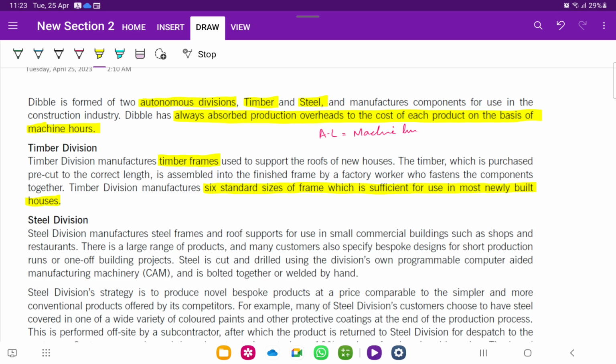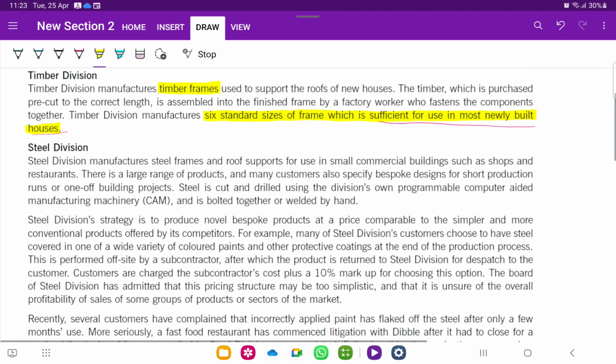There's not so much customization, there's nothing new coming into the product. And the second point here is sufficient for most newly built houses. That means probably in future the company is also not expecting to change its product design or requirement. Things are going to be smooth throughout the production process.